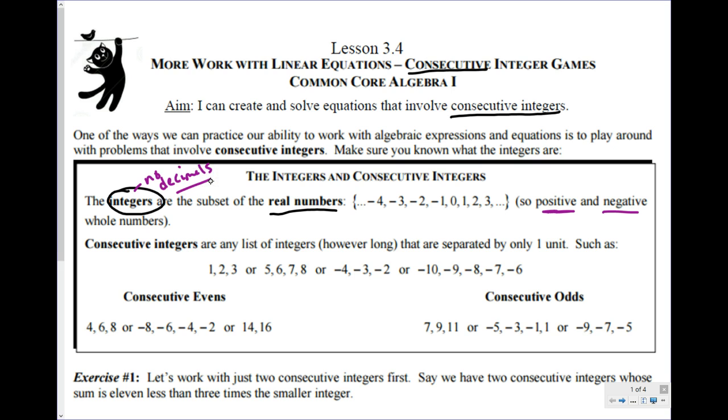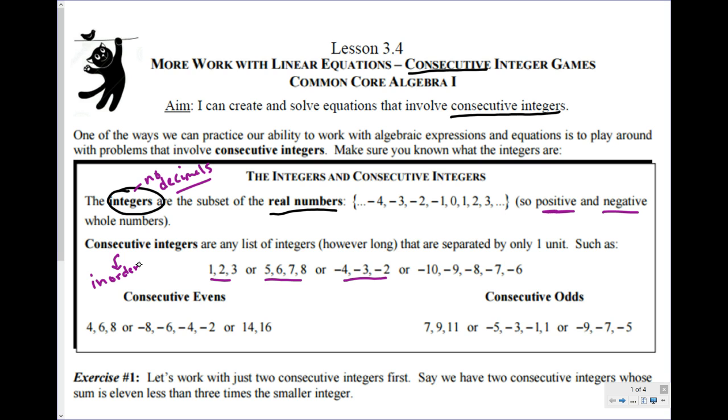Okay. Consecutive integers are any list of integers that are separated by one unit. So 1, 2, 3. 5, 6, 7, 8. Negative 4, negative 3, negative 2. Basically, consecutive means in order. So if I say we're going to list the group of the class by birthdays consecutively, we'd start with a student born in January and then go into February and March.